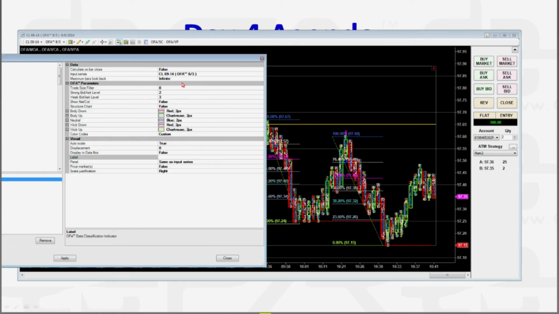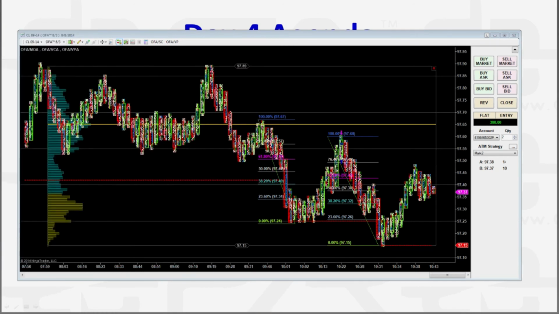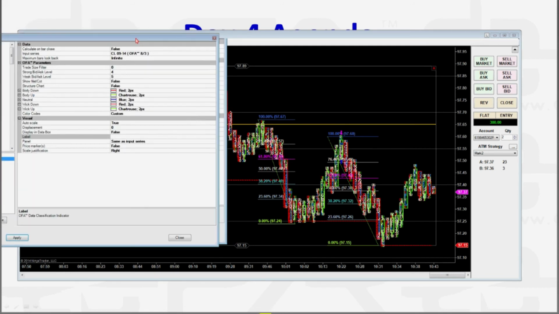My Ninja settings, and this is one actually where I would recommend taking this up to 4 and 5. And what I'm interested in seeing is if I take that to 4 and 5, well, I can't do it. I'd have to go back and do replay.